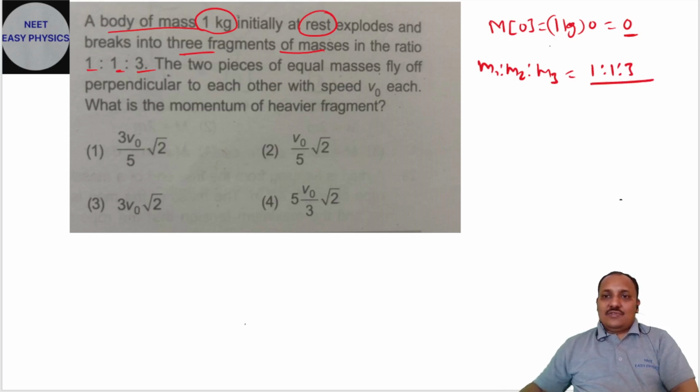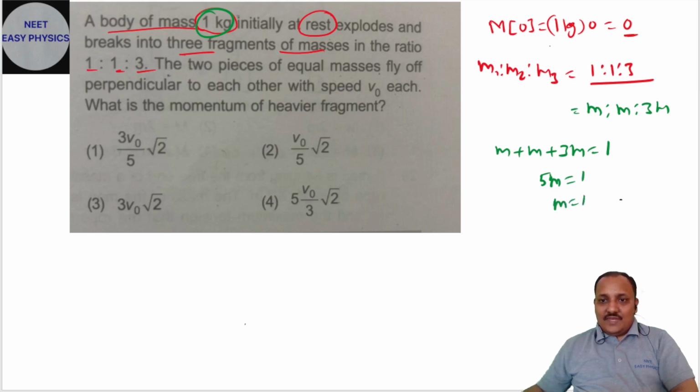You can assume M, M, 3M. If you add all these masses, M plus M plus 3M, how much should you get? That should be equal to 1 kg. Therefore, 5M is 1, M is 1 by 5. Therefore, M1 is 1 by 5, M2 is 1 by 5, M3 is 3 by 5.